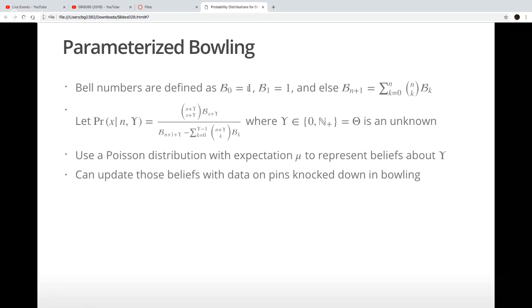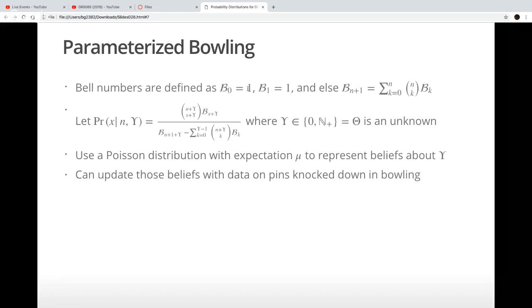The Bell numbers can be defined as: the 0th Bell number is 1, the first Bell number is also 1, and all subsequent Bell numbers are defined as the sum from k equals 0 to n of n choose k times the kth Bell number. Bell numbers on their own are not super useful, but having this recursive definition allows us to easily write down a probability mass function involving the Bell numbers.